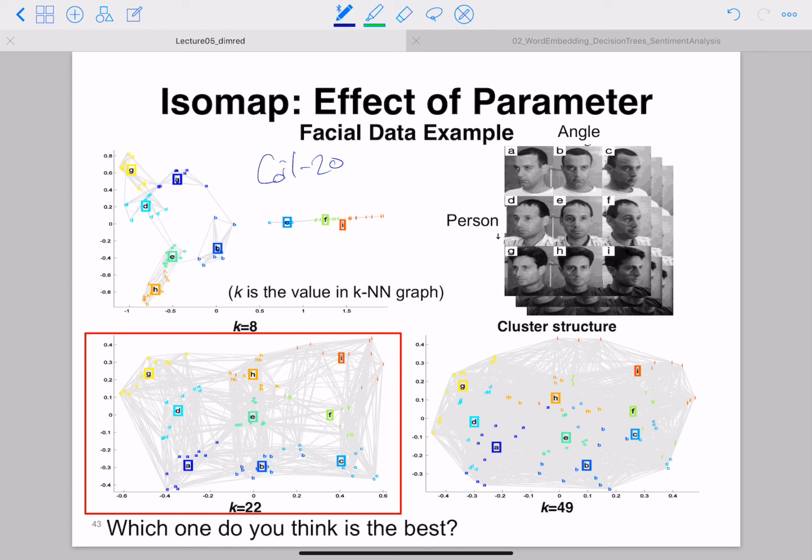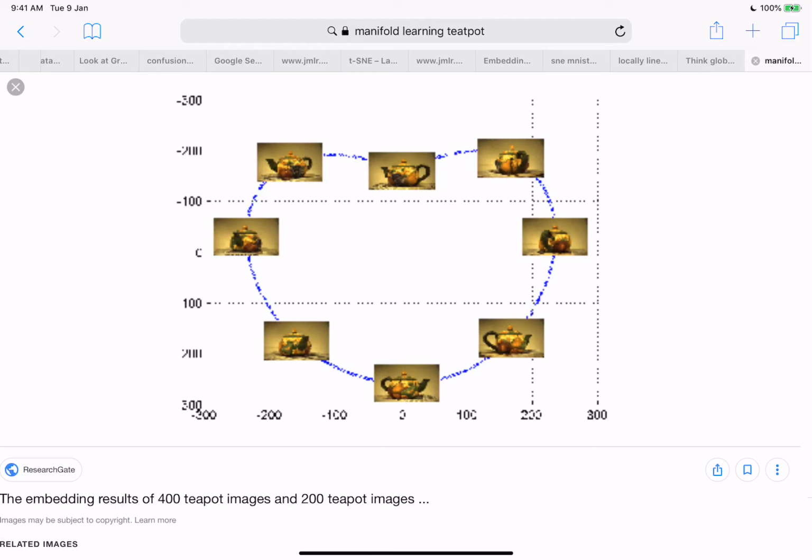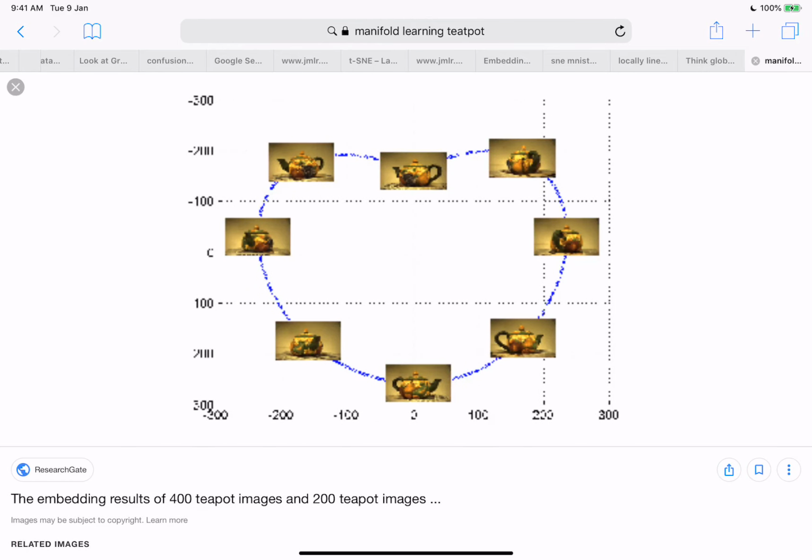In that case, what is the actual aspect or attribute that will create smooth variations in our data? That is actually the angle, right? If we imagine this teapot image in a pixel space, and a teapot image from another angle and so on, their pixel space vectors will not be straight.